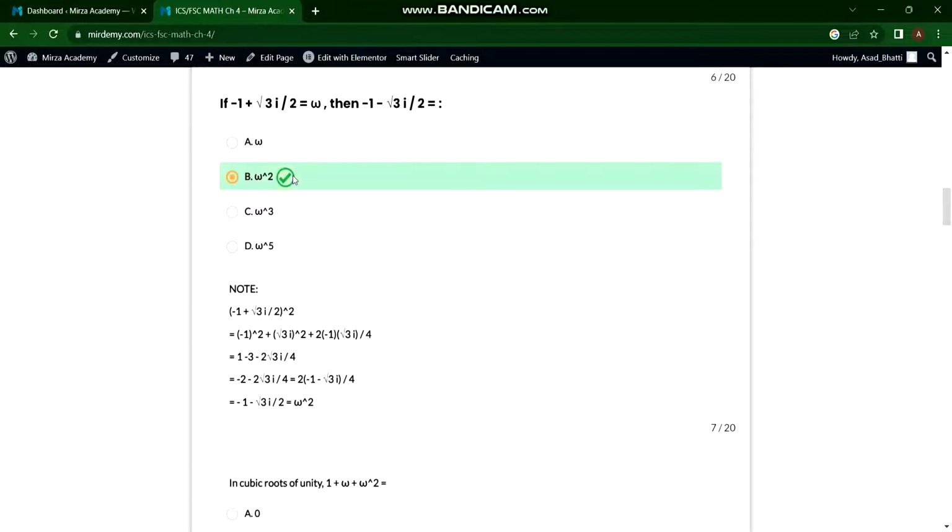Option B is correct, because if you take the square of minus 1 plus square root of 3 iota by 2, we get a square plus b square plus 2ab divided by 2 to the power 4. The next value: minus 1 square will be 1, minus 3, minus 2 square root of 3 iota by 2 by 4. By solving that, we get the value 1 minus square root of 3 iota by 2, which is equal to omega square. So option B is correct.